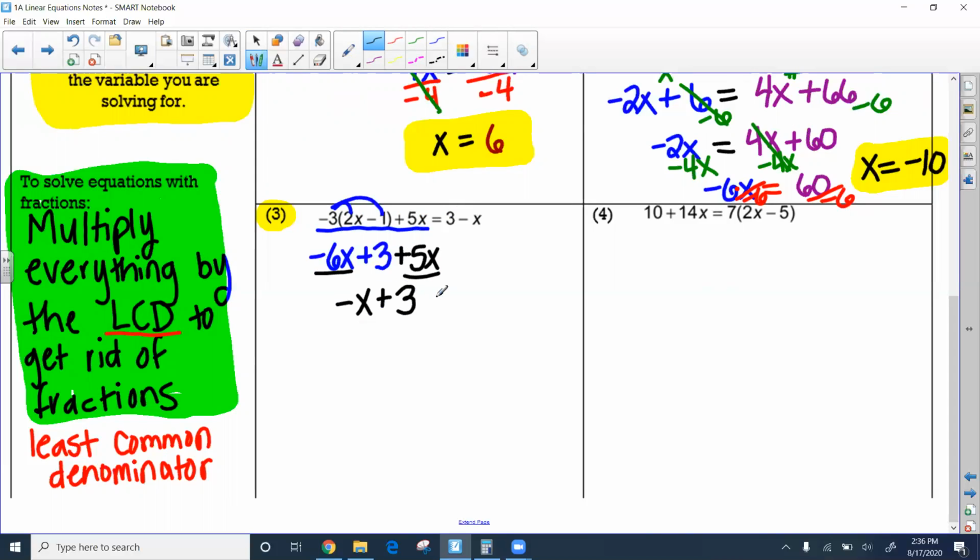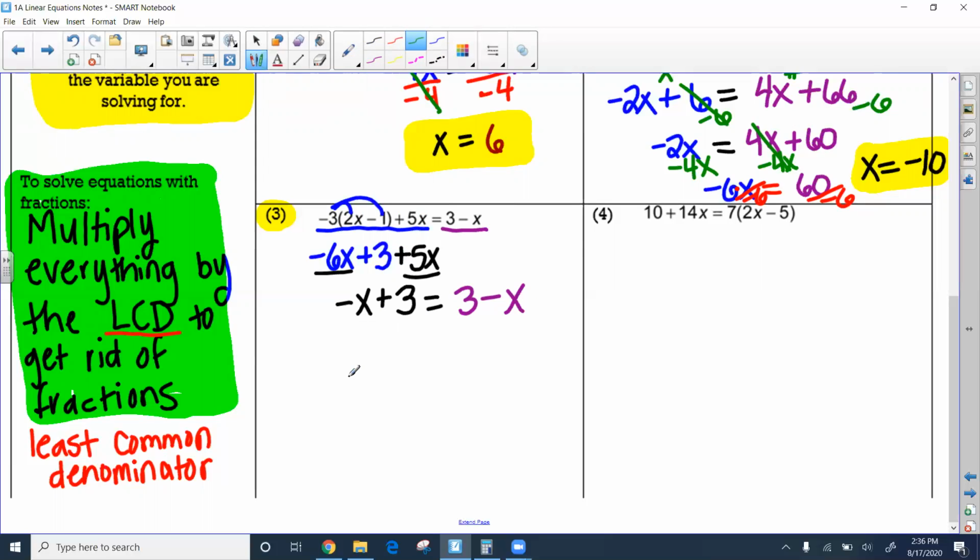Then I've got my equal sign. My right side here, 3 minus x, is already simplified. There's nothing that can combine there. So I'm just going to have 3 minus x. At this step, some of you might notice that this might look a little strange, but we're going to just keep going like we have been.